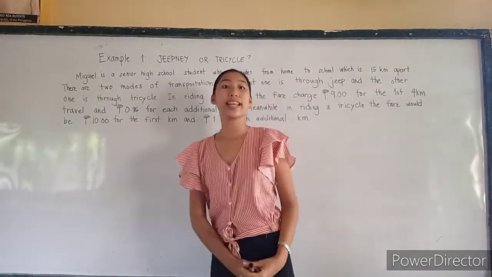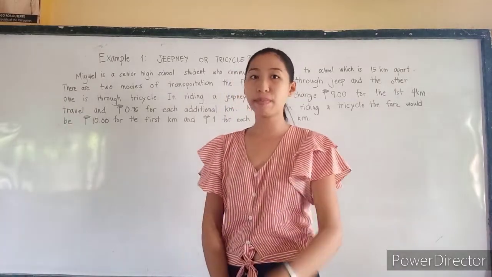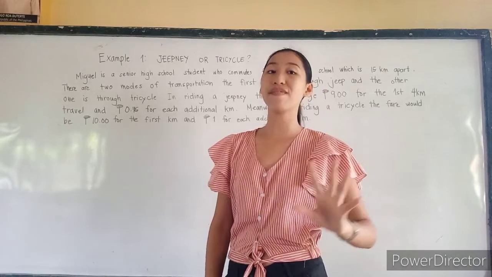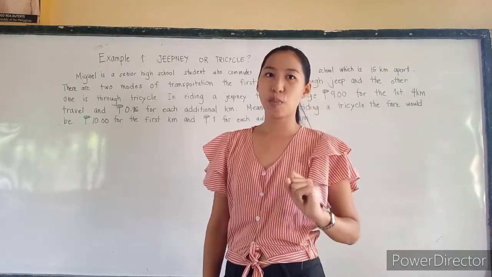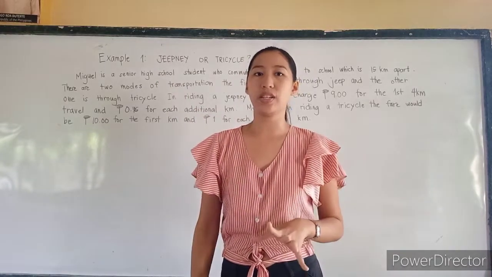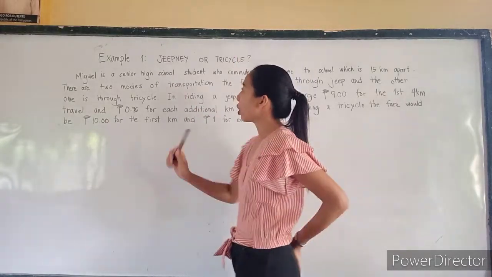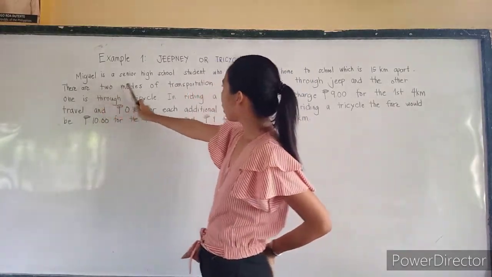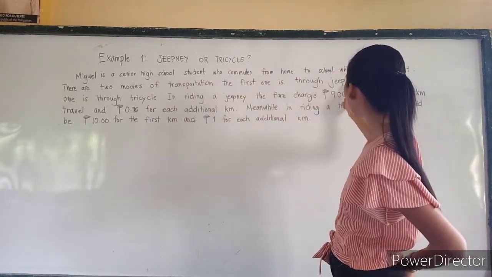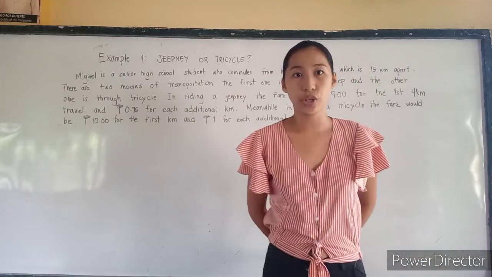Okay, so first let us analyze your problem. Let us read all together and analyze our problem. You have that one in your module, the first example, jeepney or tricycle. So let us read. First is Miguel is a senior high school student who commutes from home to school, which is 15 kilometers apart.